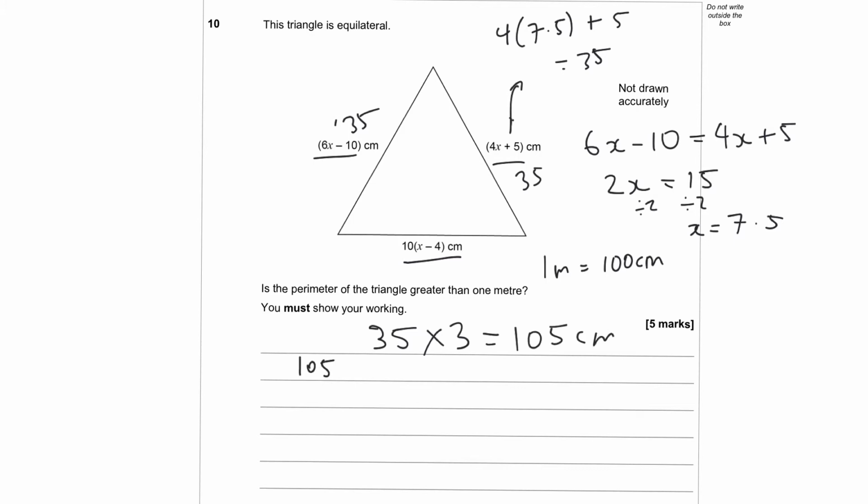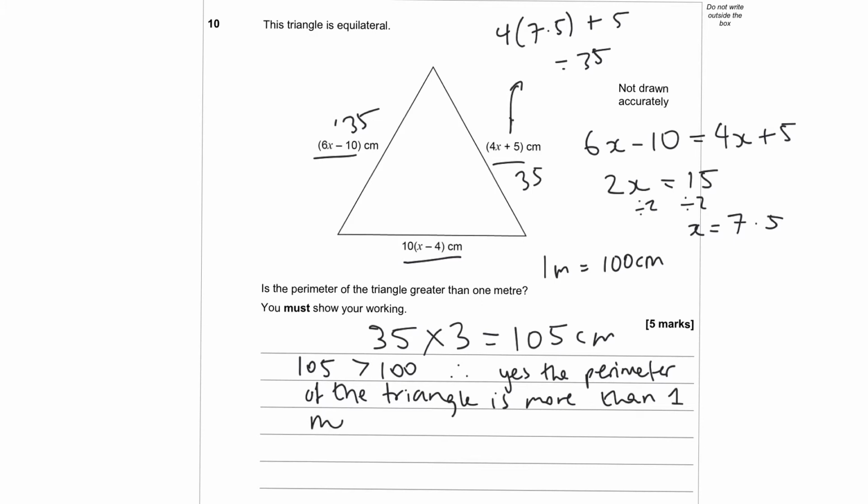And because 105 centimeters is greater than 100, therefore, yes, the perimeter of the triangle is more than 1 meter.